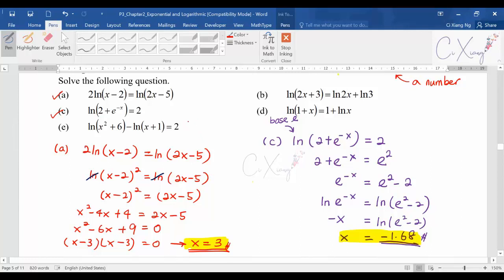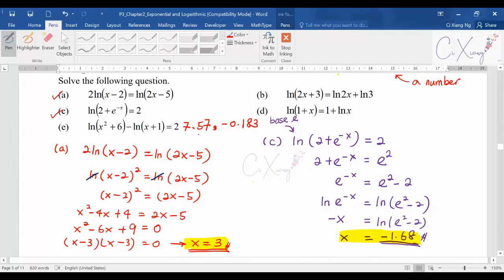The answer for part E will be negative 7.57, and another one is negative 0.183.